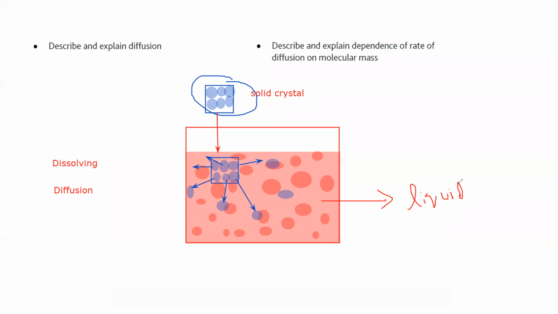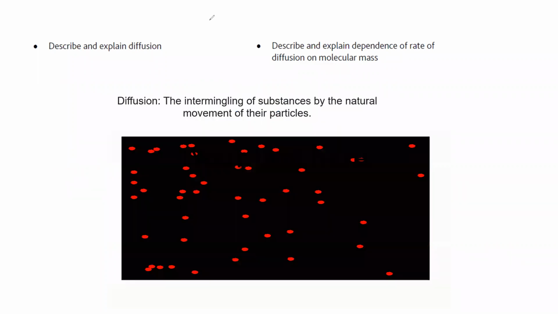So basically, I mentioned diffusion does not occur within the solid. But when a solid is added to a liquid, diffusion will not occur directly. First, the solid will dissolve, and then there is diffusion. For example, say this is a solid crystal.